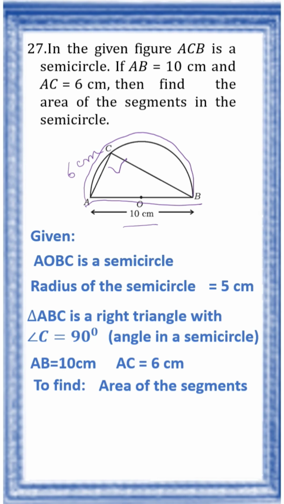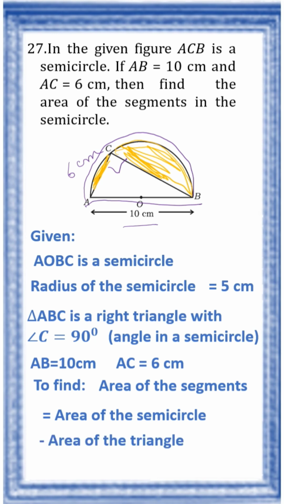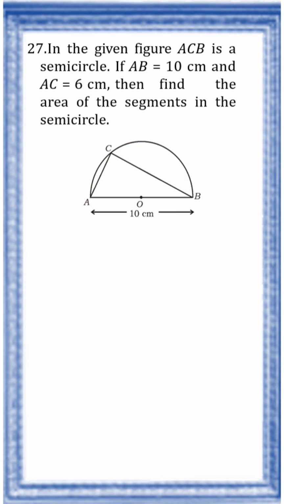This one, small area, and this one. How can you get it? Area of the semicircle minus area of the triangle. Area of the semicircle is half pi r square. Area of the triangle is half into b into h.